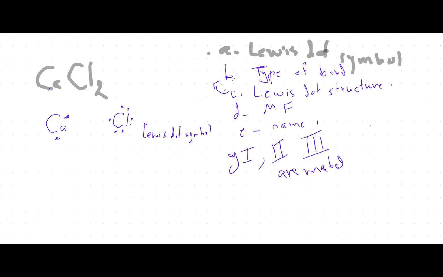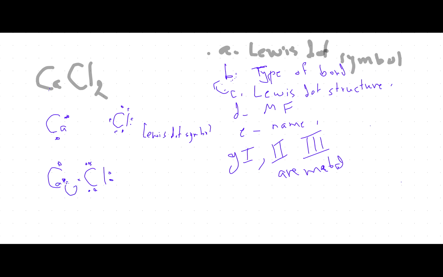What will happen? Calcium has its 2 electrons, and here chlorine has 1, 2, 3, 4, 5, 6, and 7. Look here, I left this electron, so it will move like this.